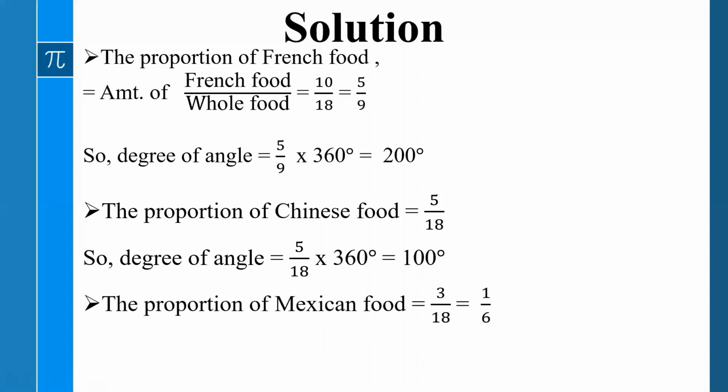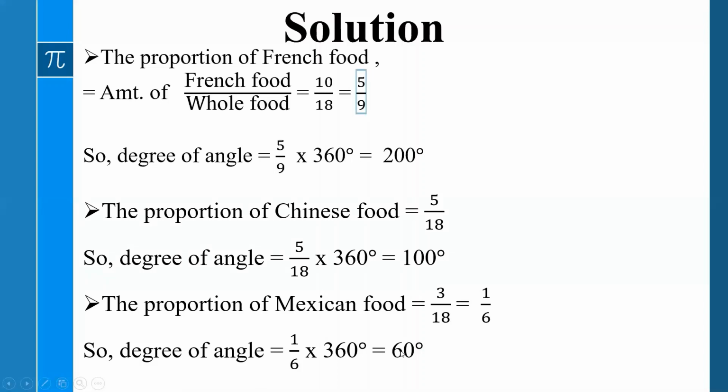Again, the number of Mexican dishes was 3 and the total number of dishes was 18. So the proportion of Mexican food is 1 upon 6. And so the degree of angle will be 1 upon 6 into 360, which is equal to 60 degrees.